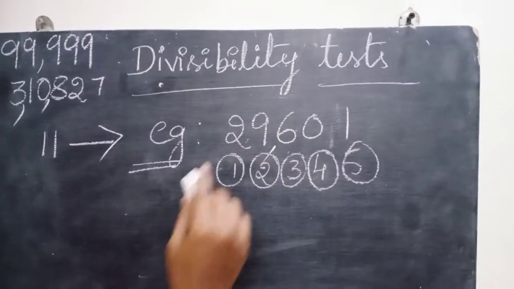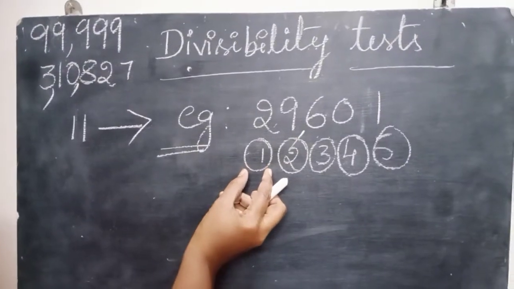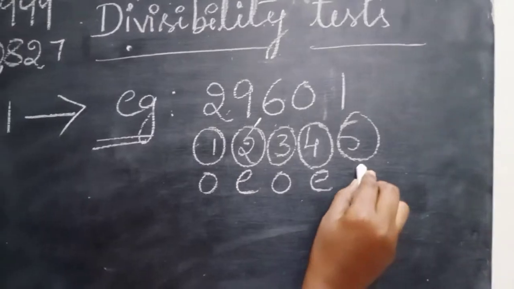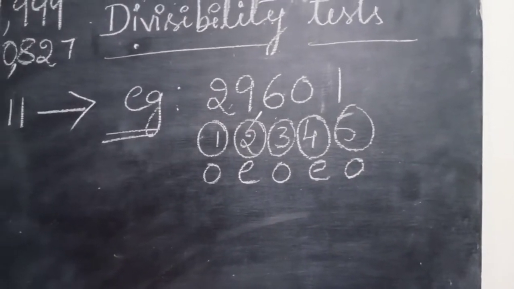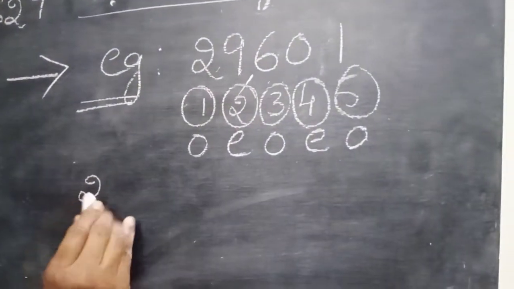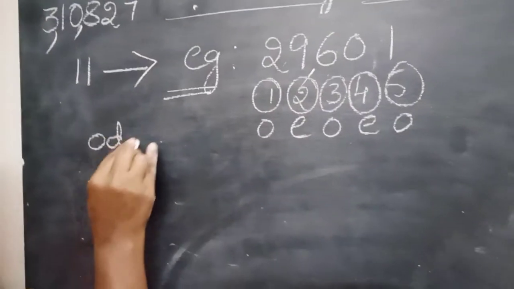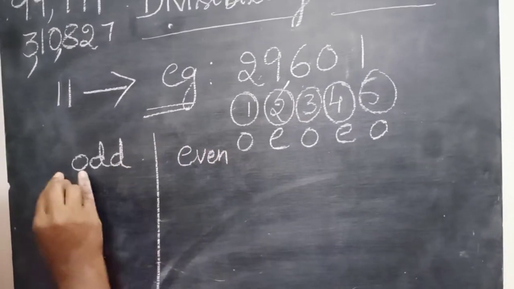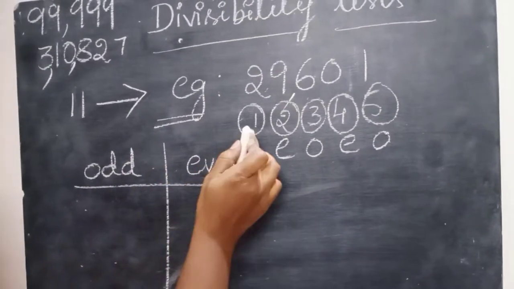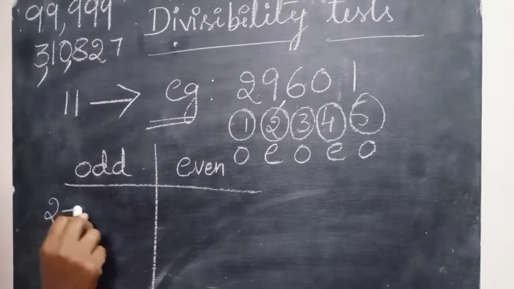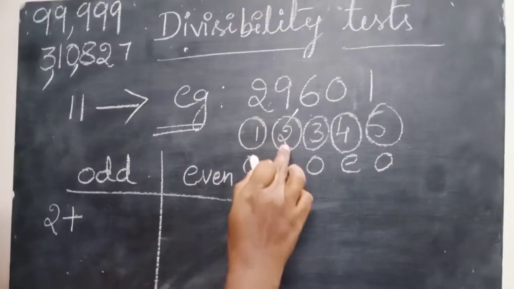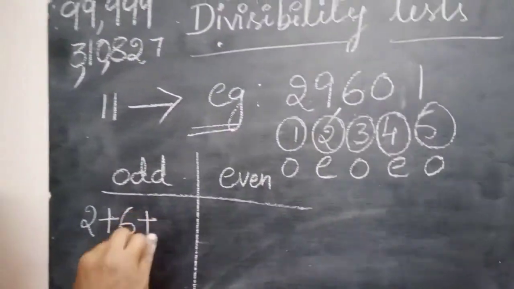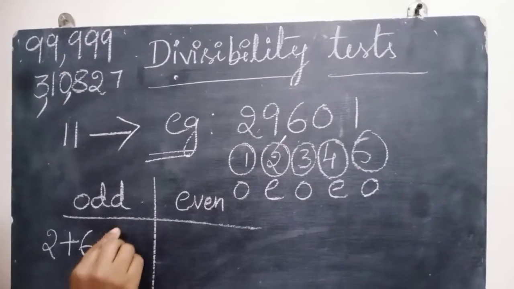Now, 1 is an odd number, this is even, odd, even, odd. Clear, children? Now odd places. What number do we have in the odd places? 2 plus, third place, 6 plus, again the odd place, 1.